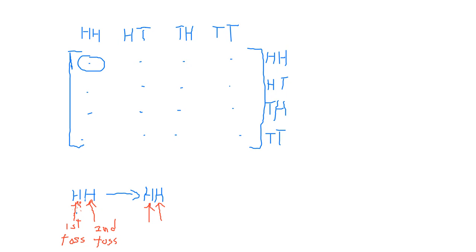What's this toss here, the first one? You're moving from one state to another state. To move from one state to another state, you have to flip the coin again, right?